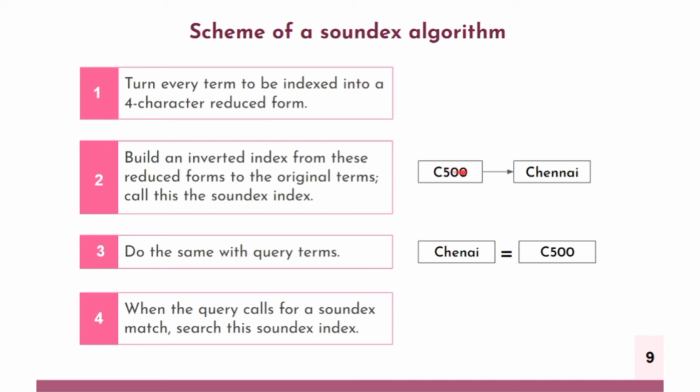So basically, let's suppose we have Chennai in our dictionary or in our collection, we create the phonetic hash for Chennai and we create such an inverted index. Inverted index is basically the phonetic hash of Chennai pointing to the term itself, that is Chennai. So it's not Chennai pointing to the phonetic hash, but the phonetic hash itself pointing to Chennai.